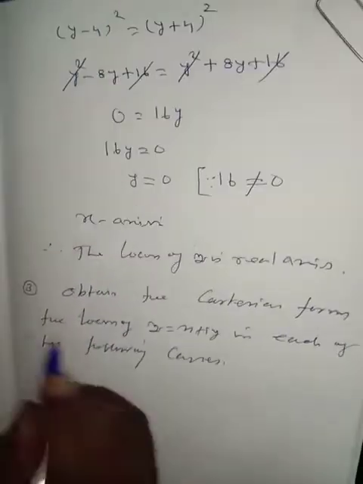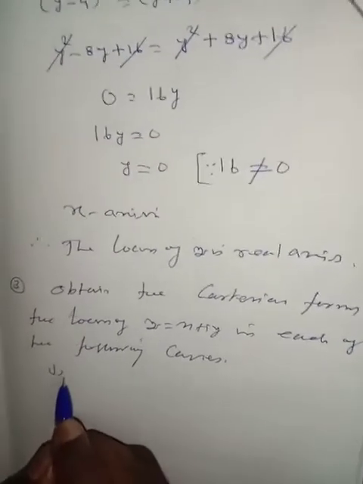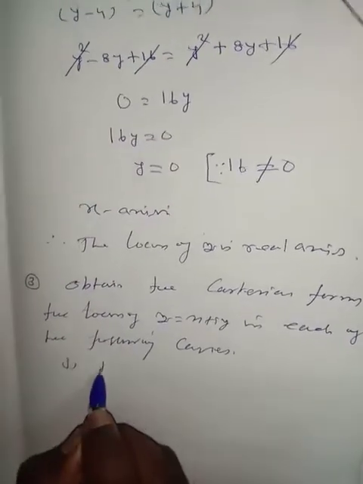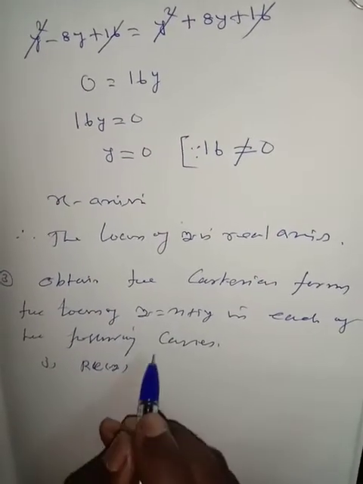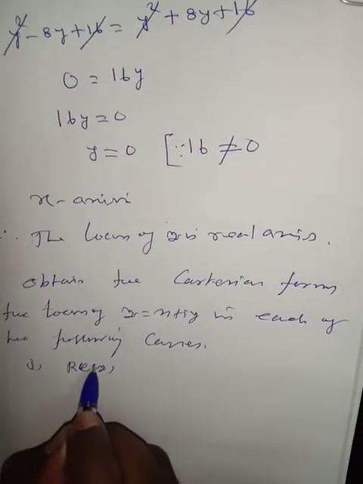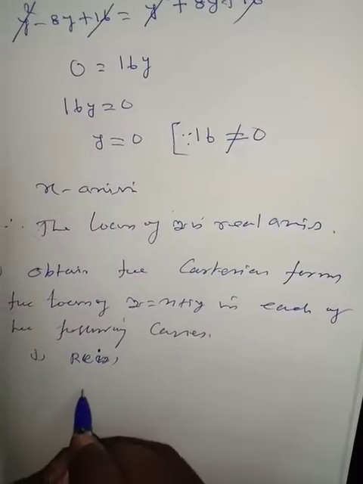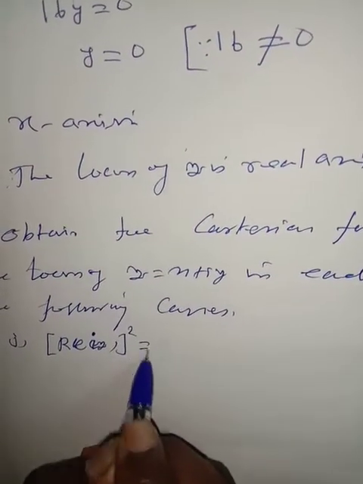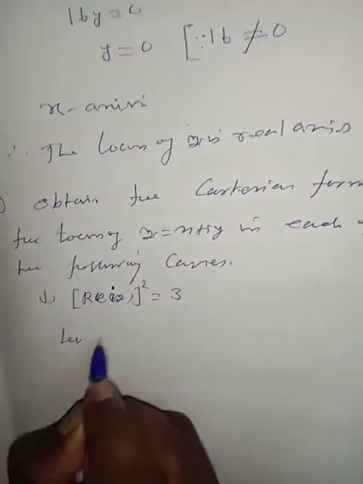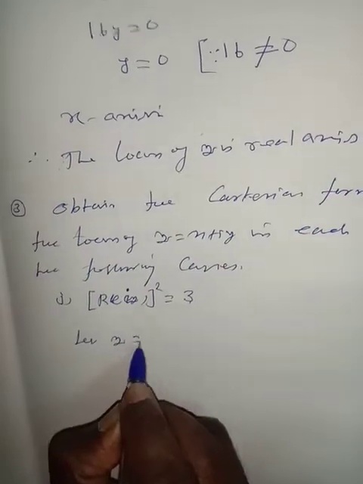Number 1: (Re(iz))² = 3. First let z = x + iy.